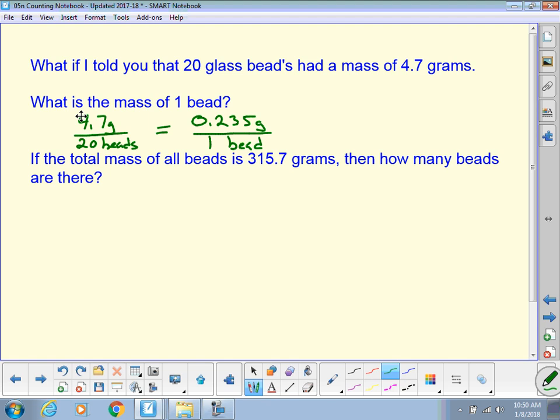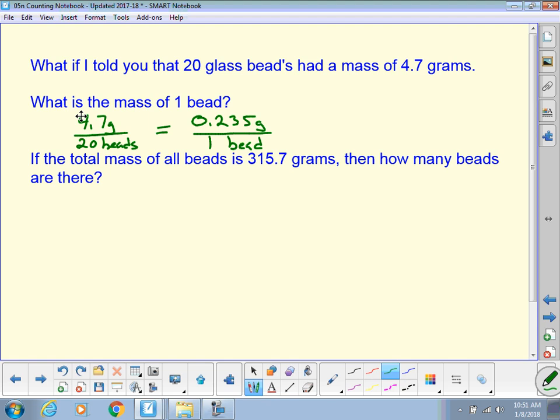And if we then took all of the beads that were in that jar and measured their mass and say got a value like 315.7 grams, we could use this value, the mass of either 20 beads or the mass of 1 bead, to give us a factor that we can use to tell us how many beads there are in the jar.